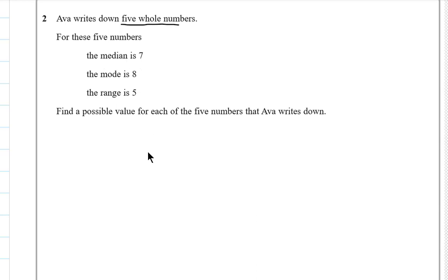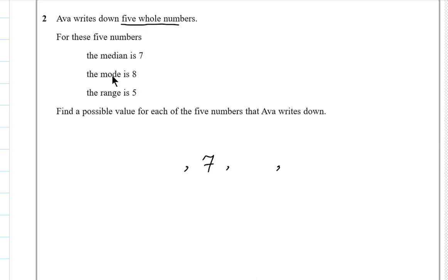Okay, if we arrange these data in ascending order, the middle location will be the third number, which is the median. It should be 7. So 7 is here. I should write 2 numbers before 7, and also 2 numbers after 7, because the total numbers are 5.